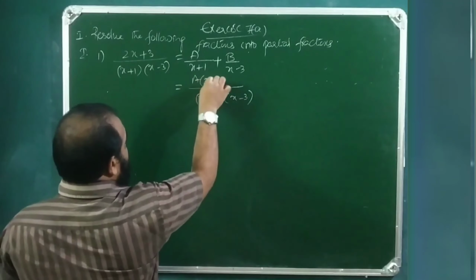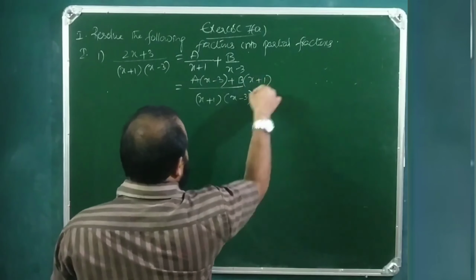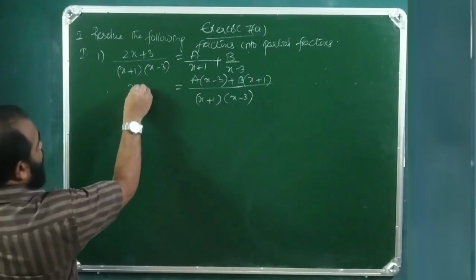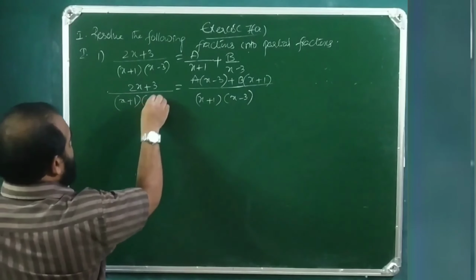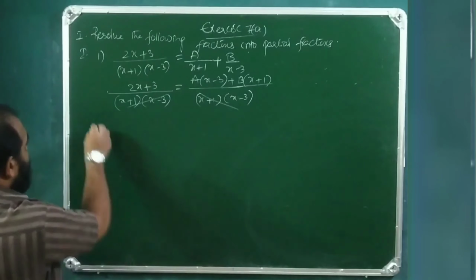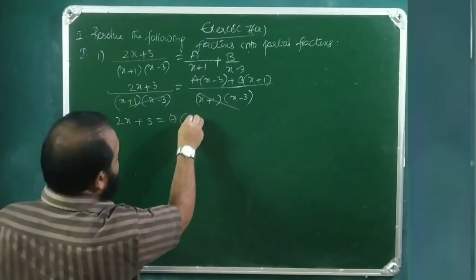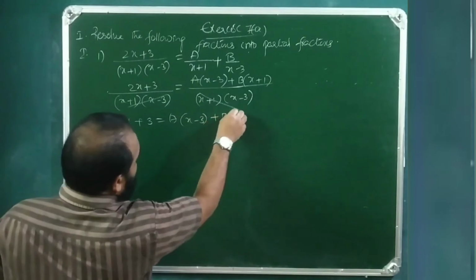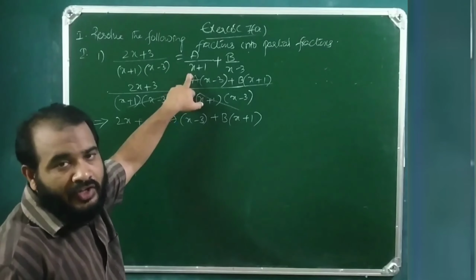So A into (x minus 3) plus B into (x plus 1) equals 2x plus 3 by (x plus 1) into (x minus 3). Both denominators are cancelled. So 2x plus 3 equals A into (x minus 3) plus B into (x plus 1).